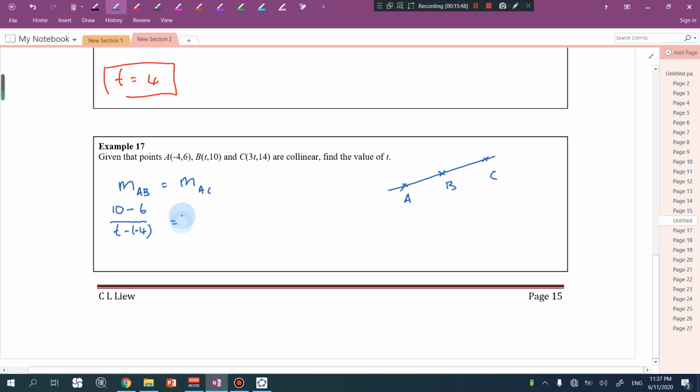Okay. Then AC. AC is this and this. 14 minus 6. Remember Y on the top, X at the bottom here. So 3T minus negative 4. 3T minus negative 4. Okay, this is equal to 4. Here become positive. T. Okay, let me write over here.